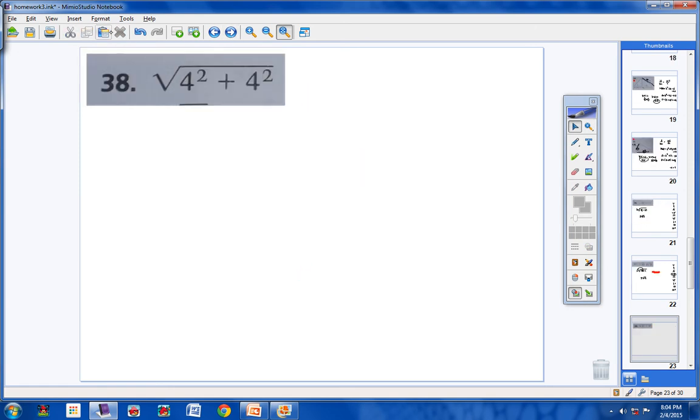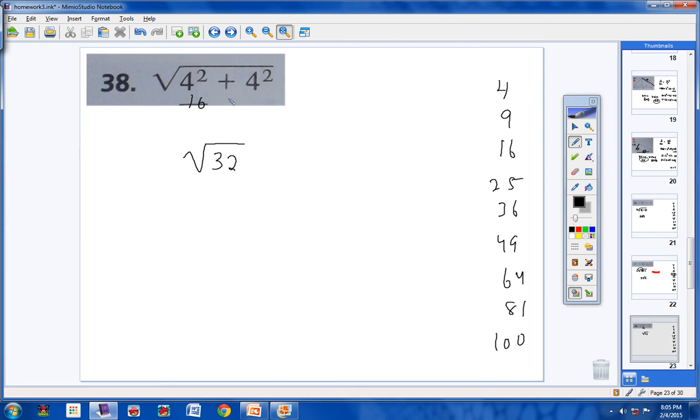Now be careful on this one. The first thing I... times 4 is 16. 16 plus 16 is 32.